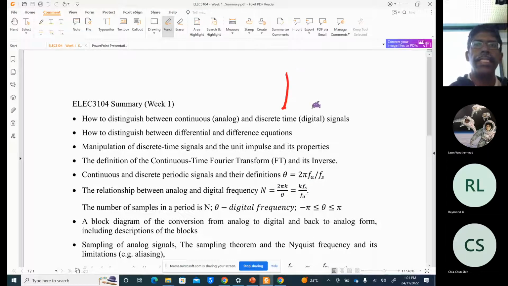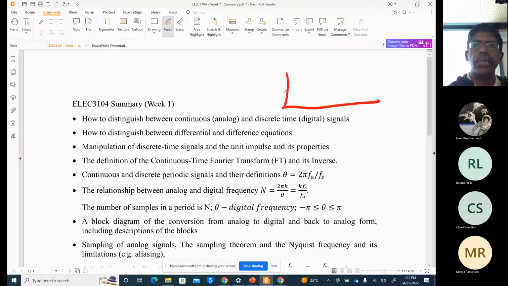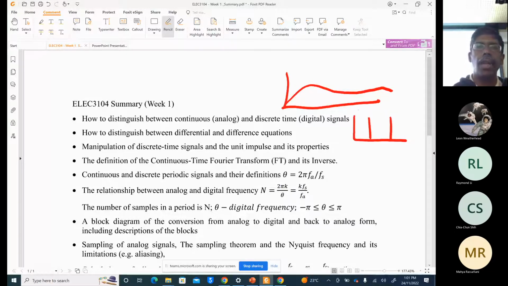For example, if the continuous time variable is temperature, then temperature exists for every second, every fraction of a second. But discrete time means, for example, stock market price or exchange rate per day, or the average temperature per day. That is discrete. So that is analog and discrete.